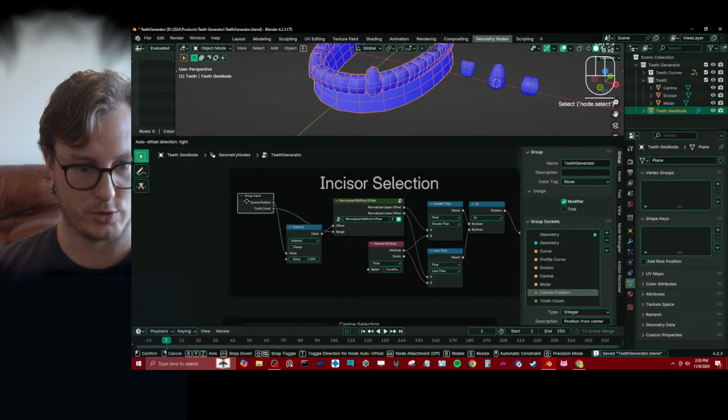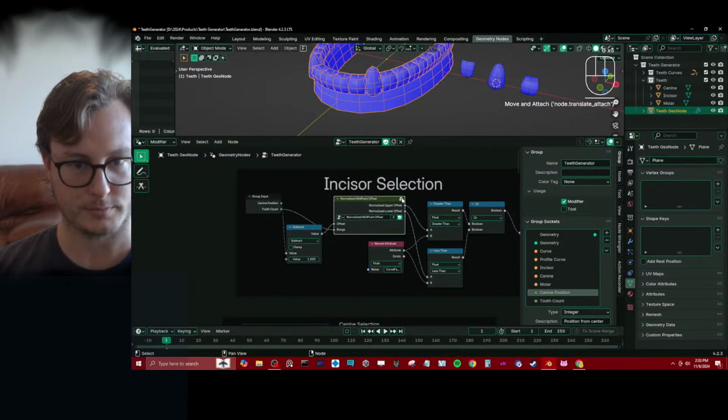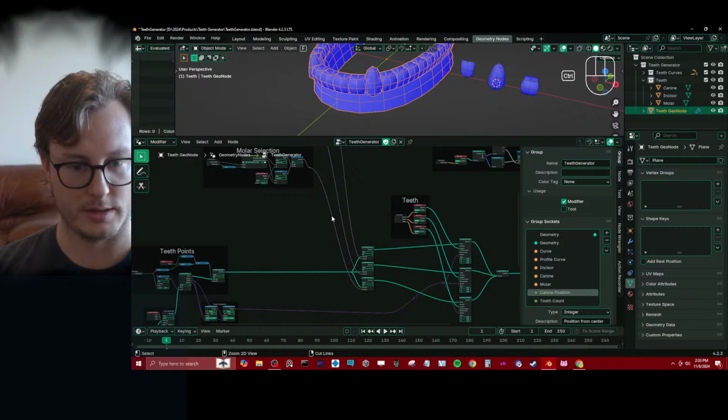I'm not 100% sure why that is. Let's do just the incisors to start.